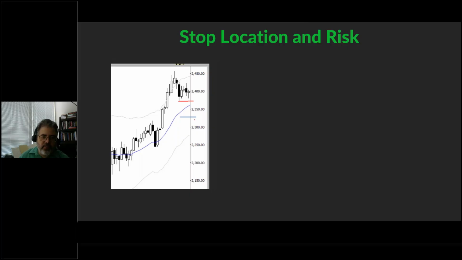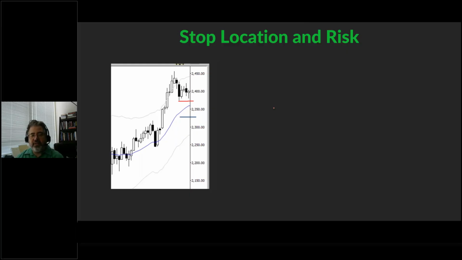So, if you just look at these, somebody might say, well, the blue stop is obviously higher risk. Now, it would be higher risk if you're just trading the same size, right? If you're buying 10 contracts of the S&P, then you're going to have a much larger loss when that blue stop is hit.